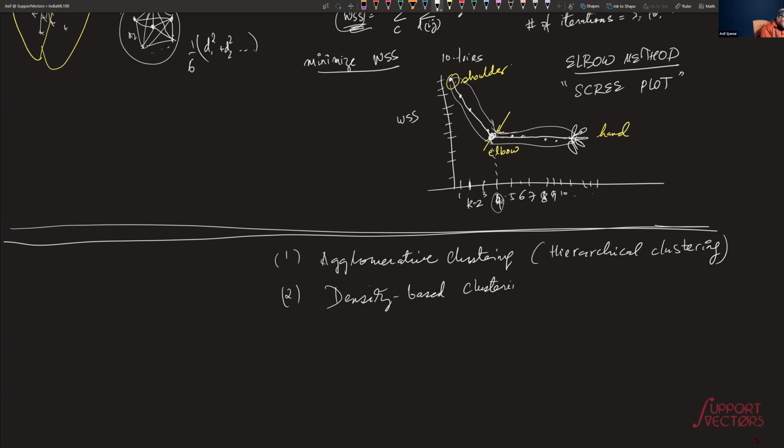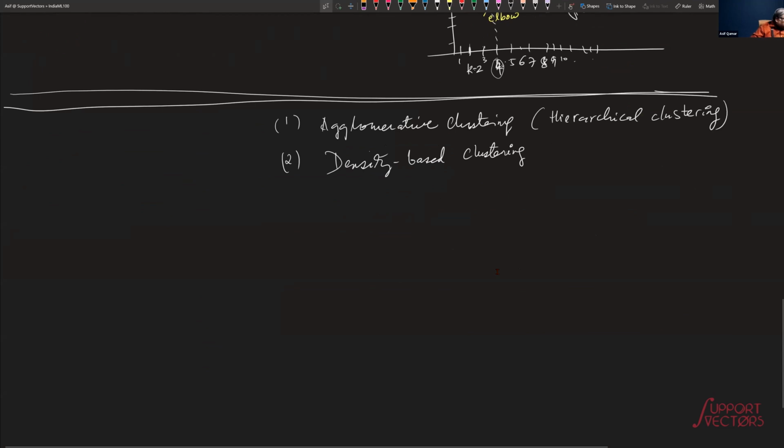These are all completely different ways of looking at data and coming up with the clusters. And that's the magical thing about machine learning. You find very powerful ideas coming from very different directions, a whole variety of ideas, which all help in solving a problem. So what is hierarchical clustering?